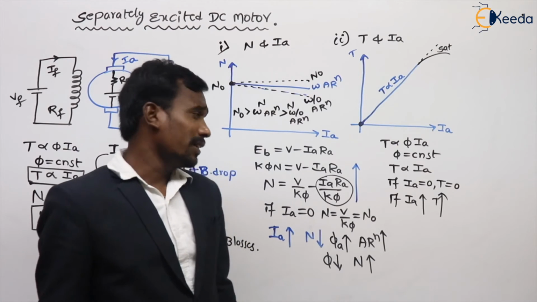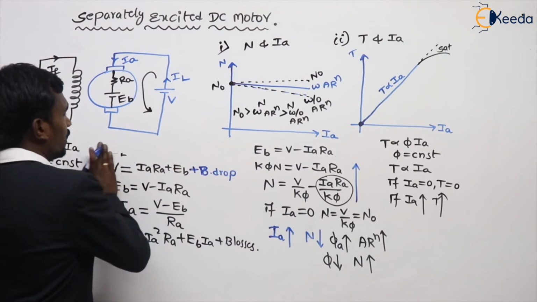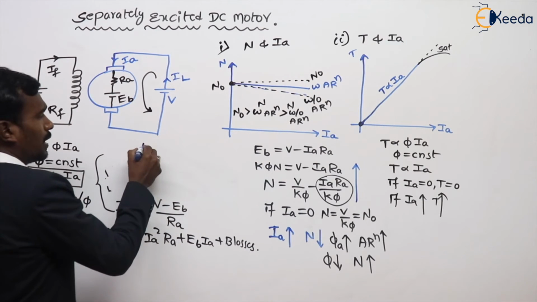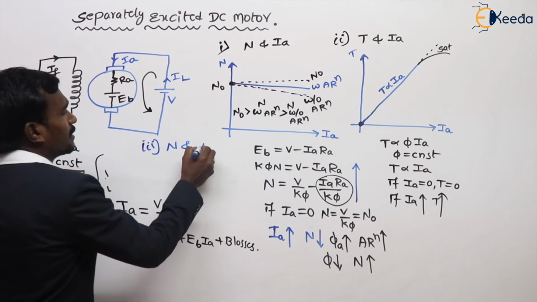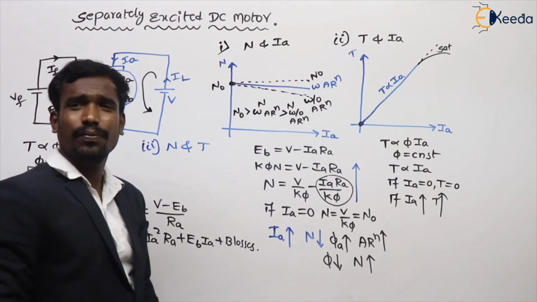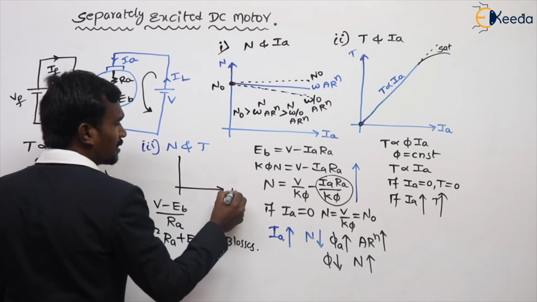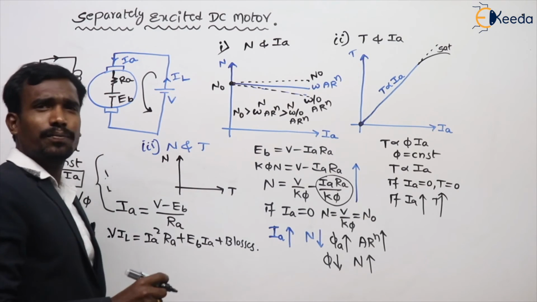Next one. The third graph is between speed and torque. Are you okay? On the x-axis torque, on the y-axis speed.